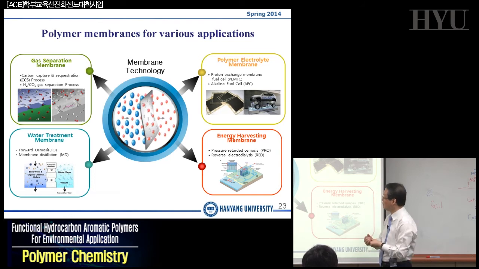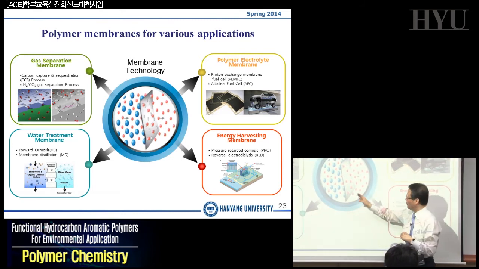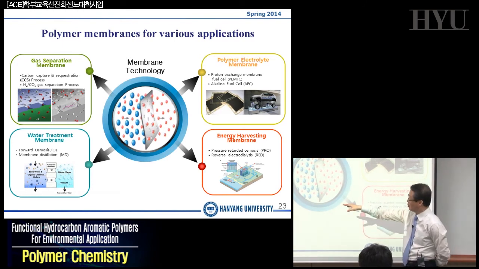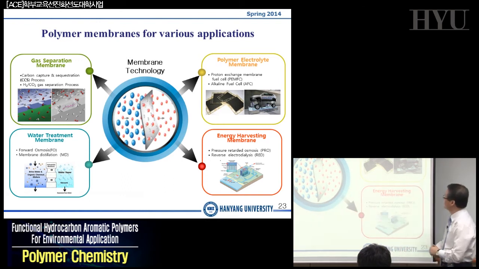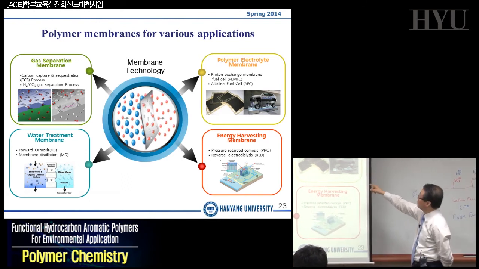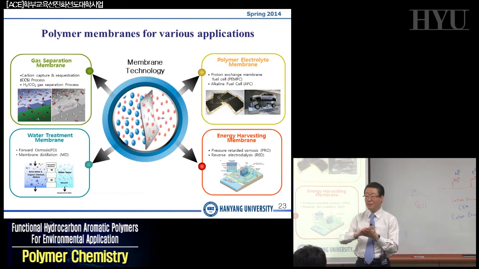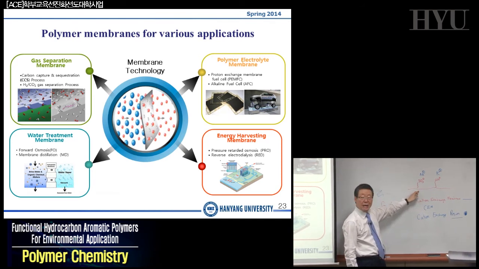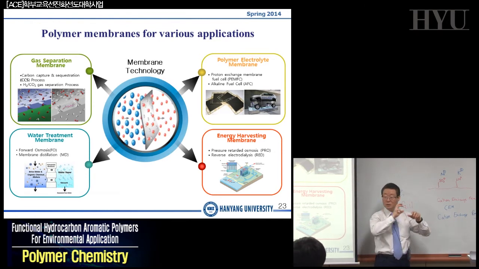Anyway, you can separate the water out with those functional films. So wastewater treatment is one of the processes, and if you can make a very functional film with ion exchange capacity, okay, ion exchange capacity. I think currently they are using this type of CM, so that the proton is exchanged.